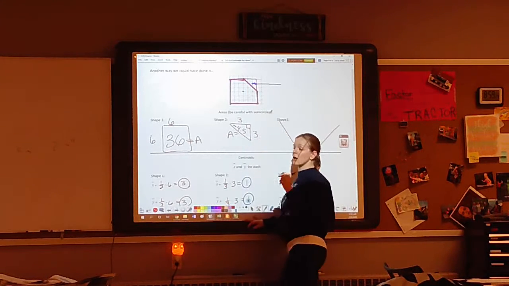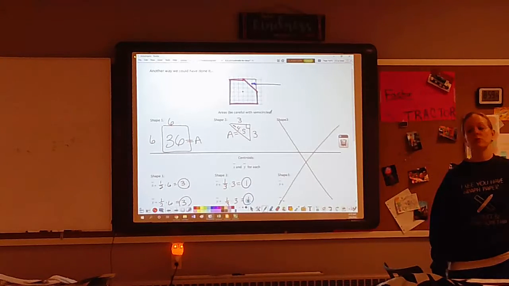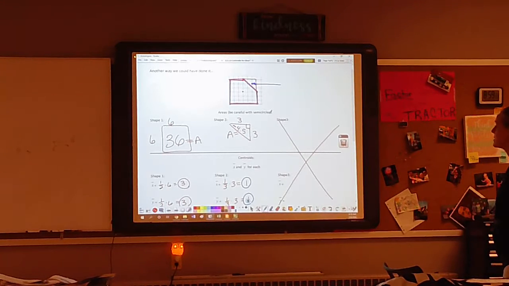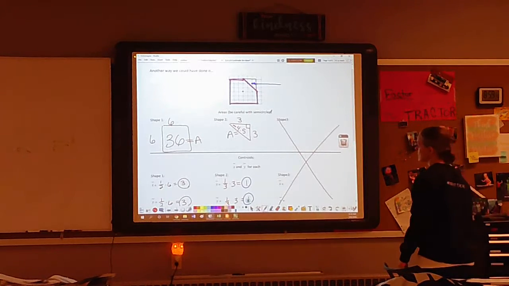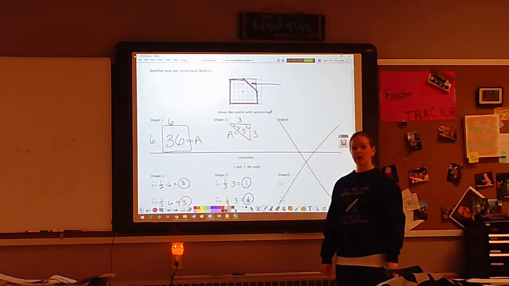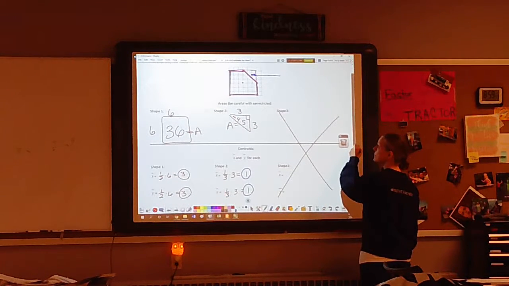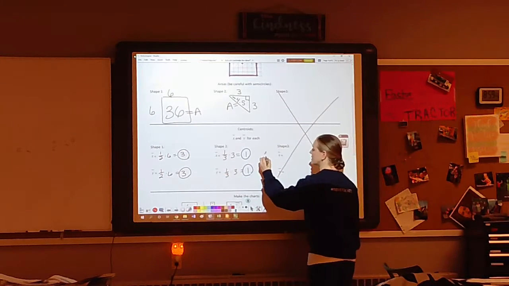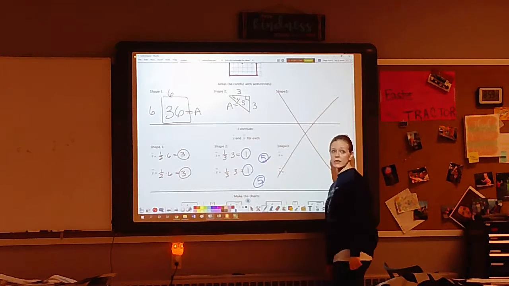Remember, it's from the right angle. That blue dot is what? The x, y point. Over how many? And up how many? Good. So it's actually 5 and 5, not 1 and 1.